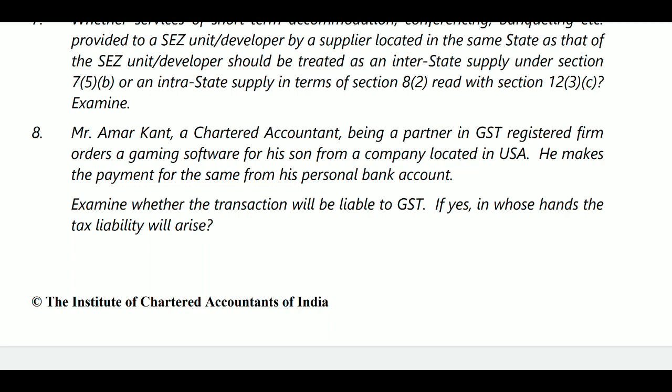So when there are OIDAR services provided by a supplier located outside India, that is the USA company, and received by a non-taxable recipient, the same will be liable to GST. Our person Amarkant is a partner in a GST registered firm, so it is a registered firm.